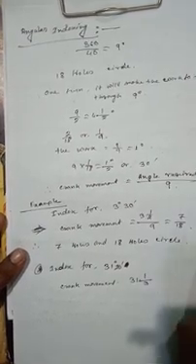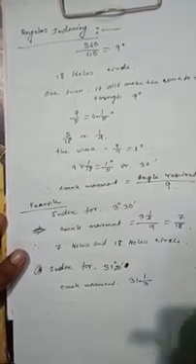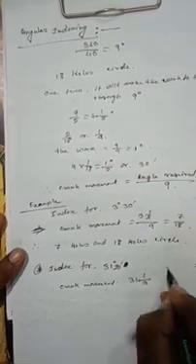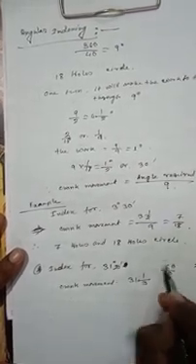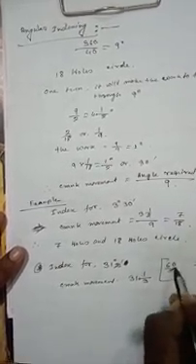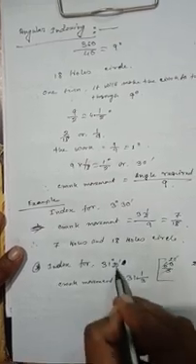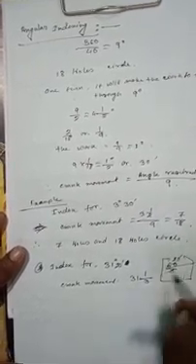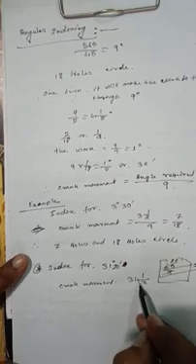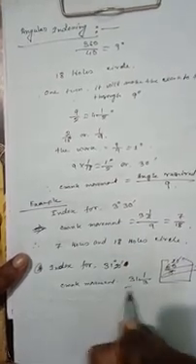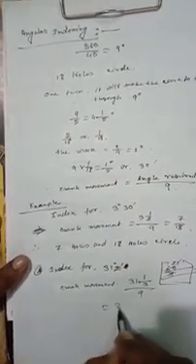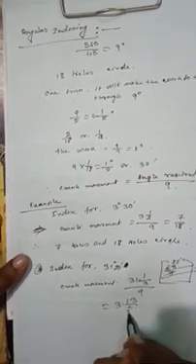That means 31 and 1 by 3 divided by 9 is equal to 3 into 13 by 27.